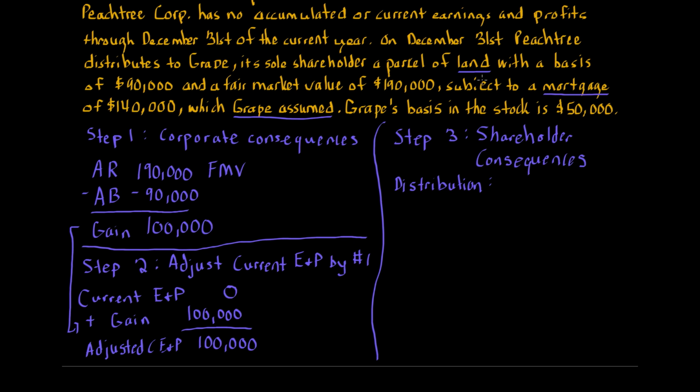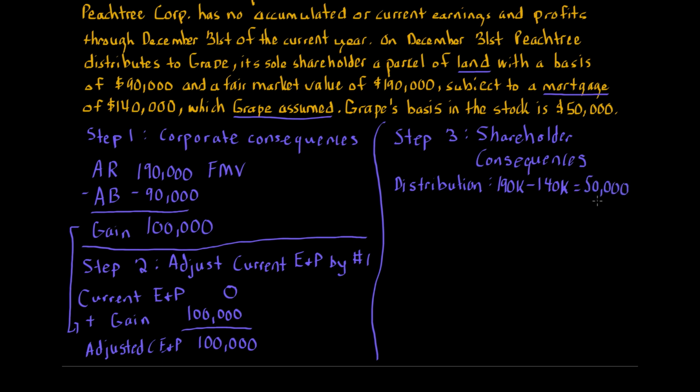So we do have fair market value of non-cash property. That's the $190,000. But that land is subject to a $140,000 liability. So we subtract that away. Remember, we subtract away liabilities. So $190,000 fair market value minus the $140,000 liability gives us a distribution amount of $50,000.